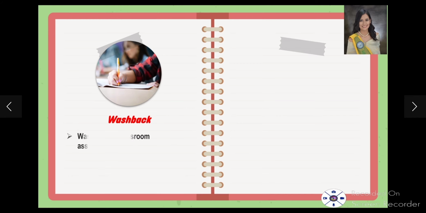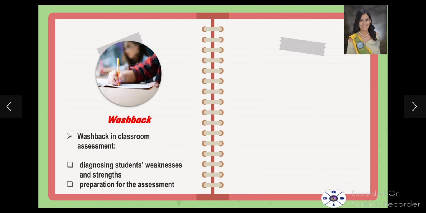So next one is washback. Washback in classroom assessment: first one is diagnosing students' weaknesses and strengths. Next one is preparation for the assessment.